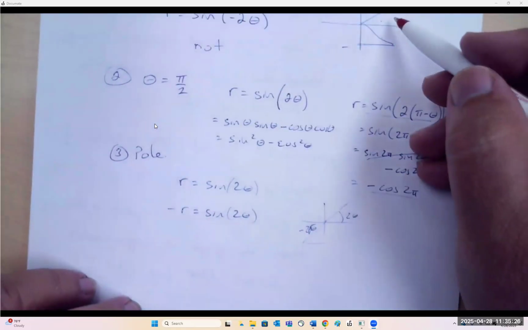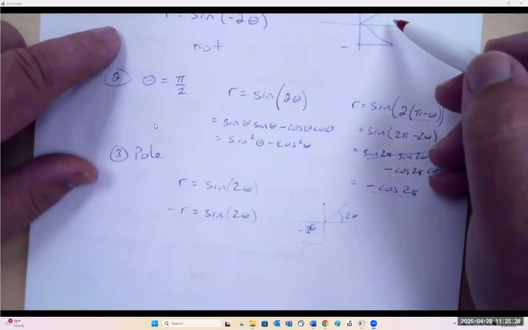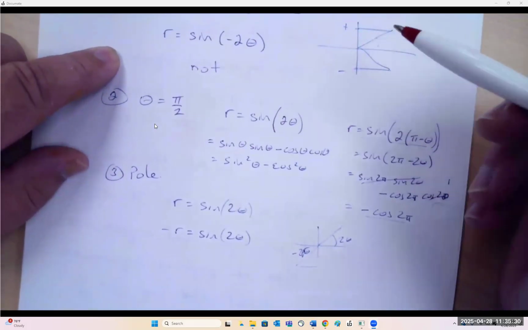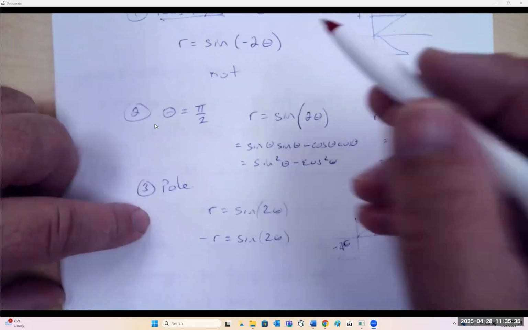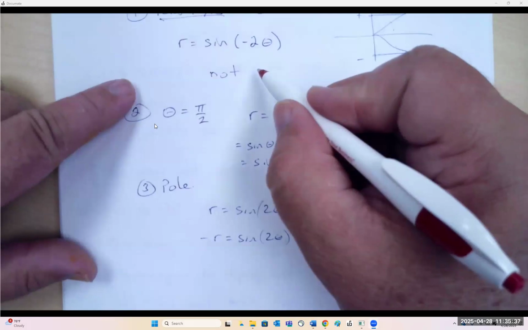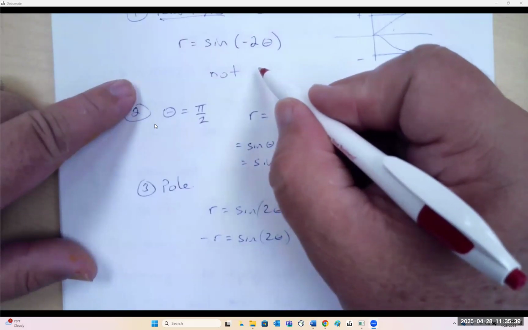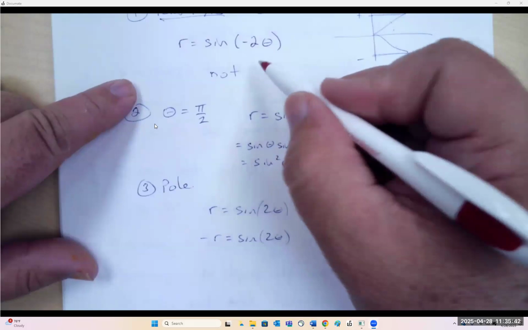For the polar axis, do I get an equivalent function?